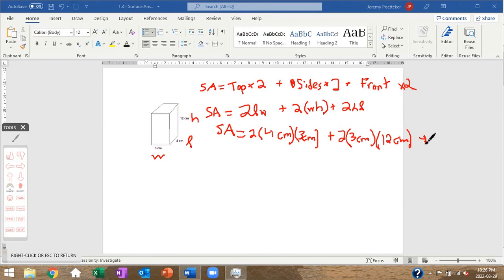Plus 2 times height times length. Two times 12 times 4.